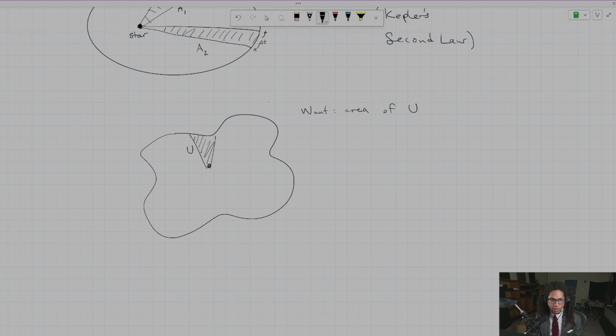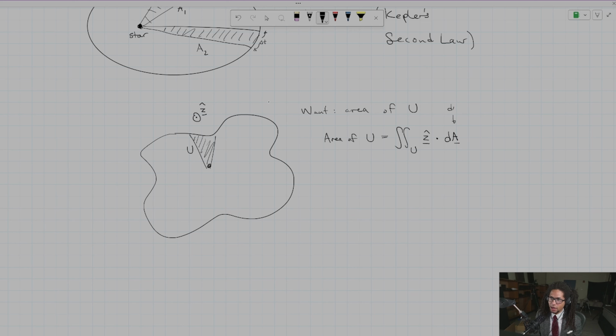Now there's a way to do this using the surface integral of a particular vector field. Okay, so I am going to say that this is in the xy plane, and so the z hat vector points out of the screen. All right, so the area of U turns out to be equal to the surface integral over U of z hat dot the dA vector.